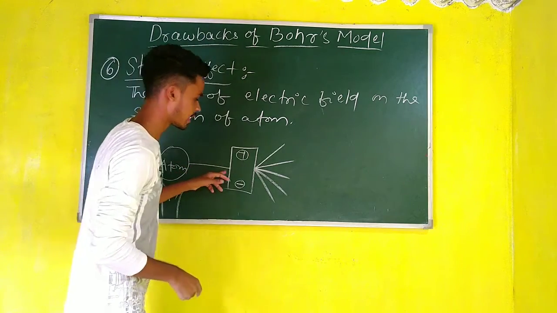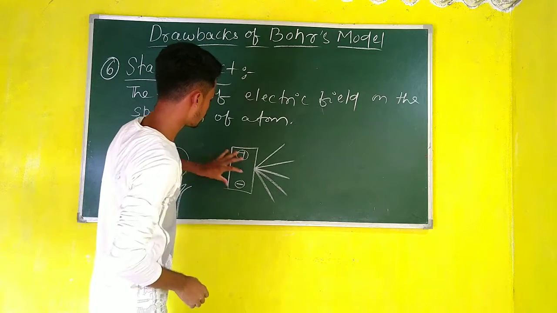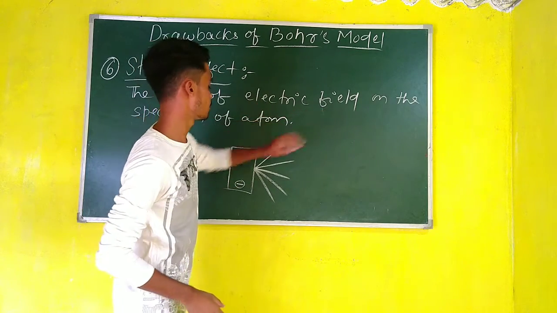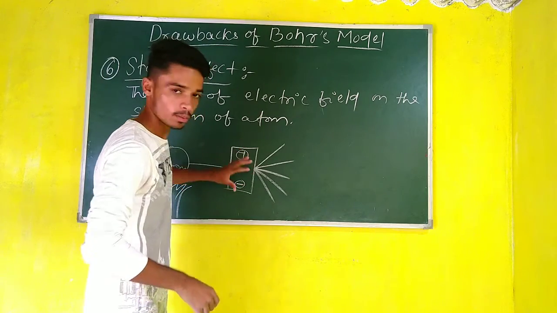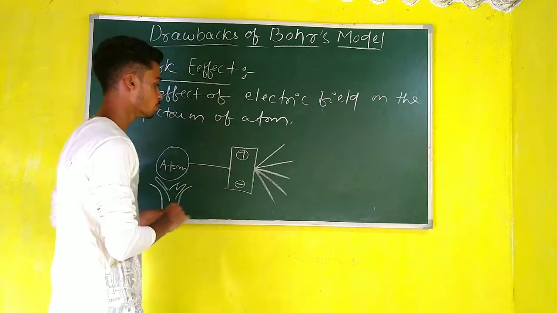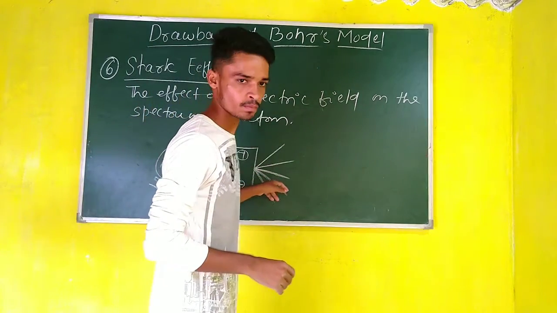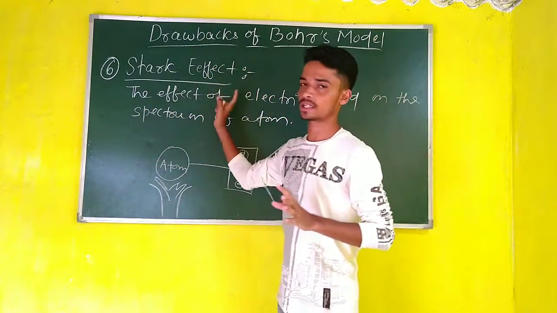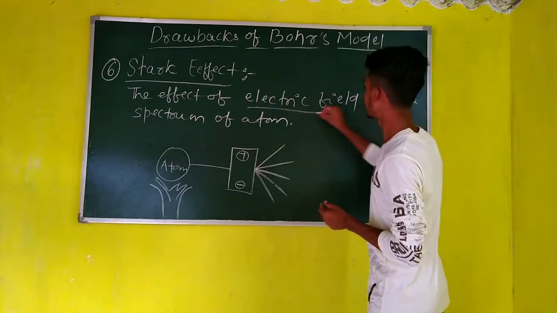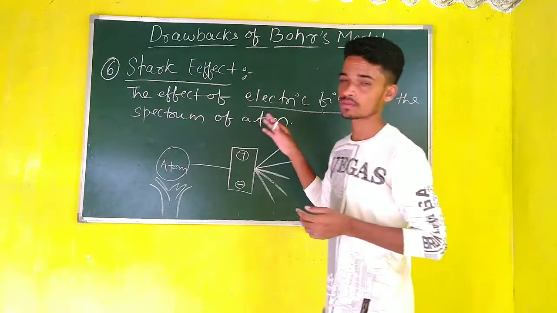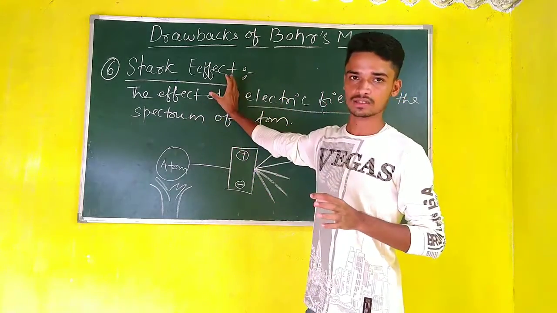If we place that radiation in an electric field, between a vacuum tube with positive and negative charge, it splits into many fine lines. One radiation converts into many fine lines. So this is the Stark effect. The definition is: the effect of an electric field on the spectrum of an atom is called the Stark effect.